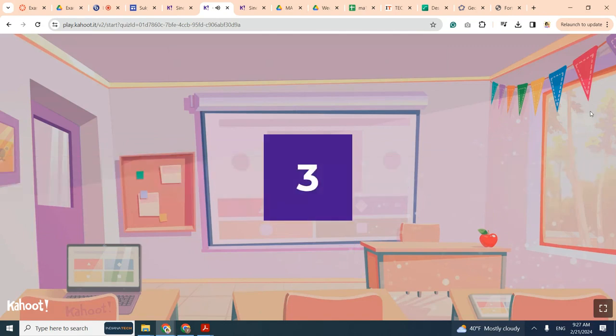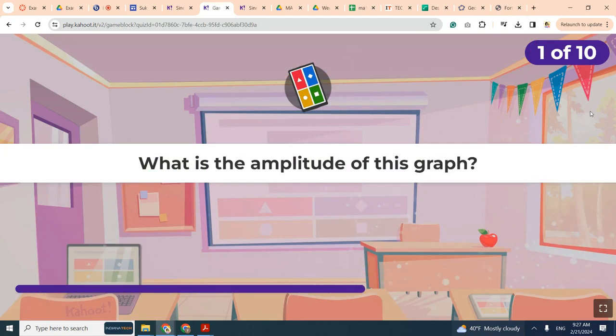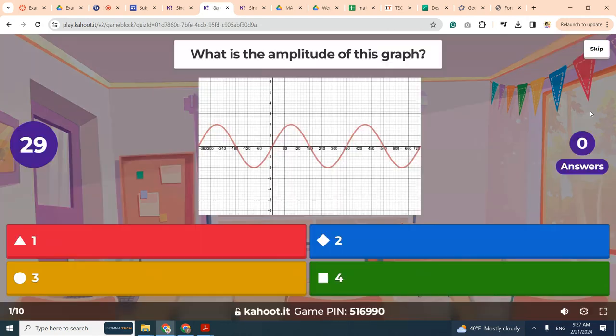Sine cosine graph transformations. 8.1. 10 questions. What is the amplitude of this graph? Amplitude.